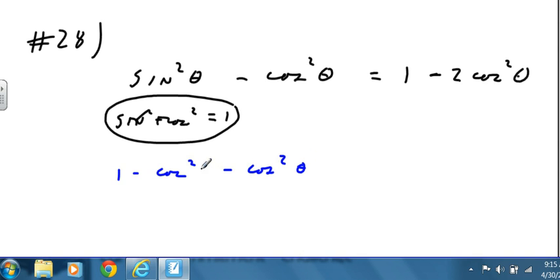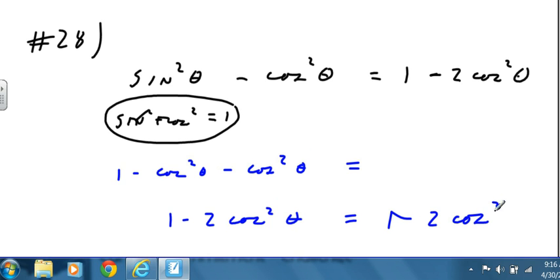And then we'll say that 1 minus 2 cosine squared theta is supposed to equal 1 minus 2 cosine squared theta, and it does. So that means we are done. We have shown that those two identities are the same.